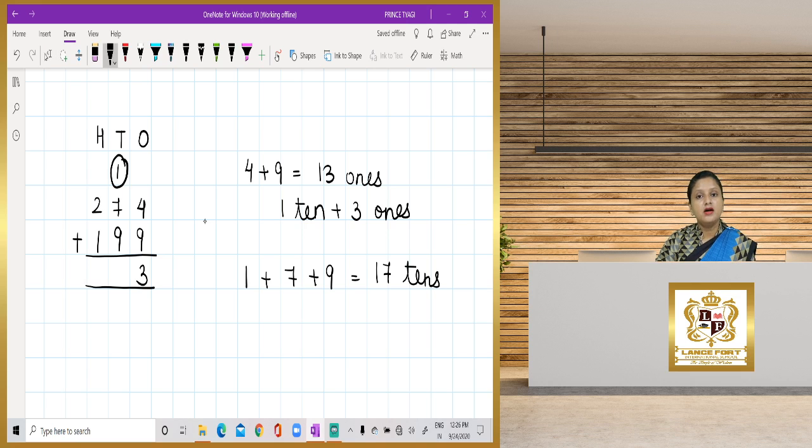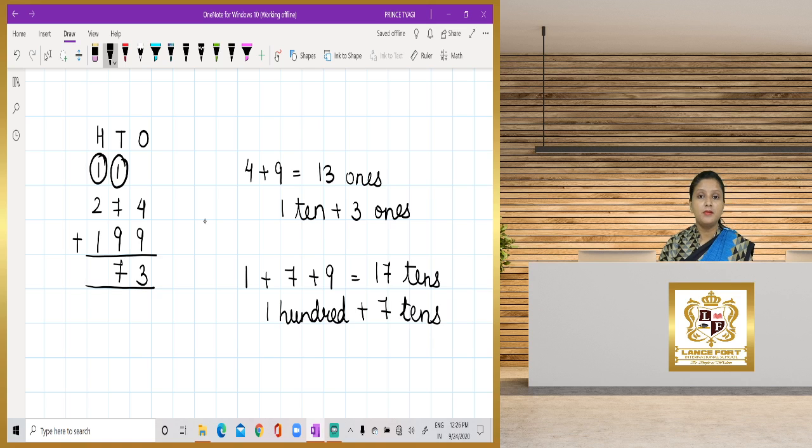The number is greater than 9, so we have to regroup this into hundreds and tens. So 1 hundred plus 7 tens. So write 7 in the tens column and carry 1 to the hundreds place.